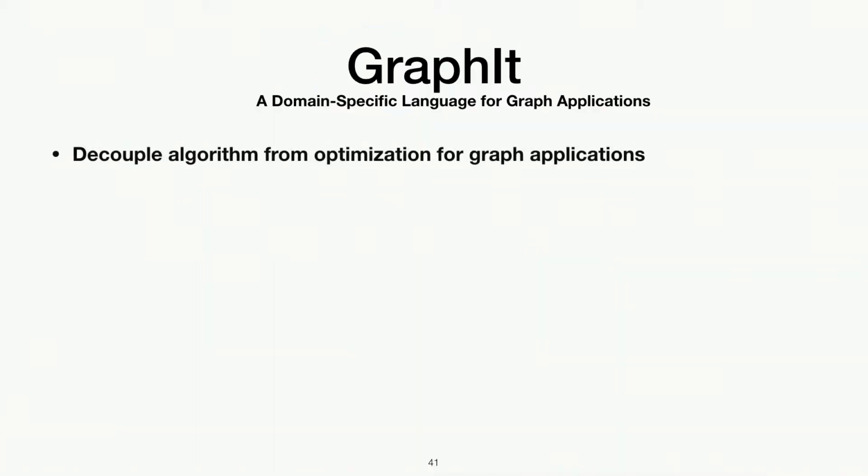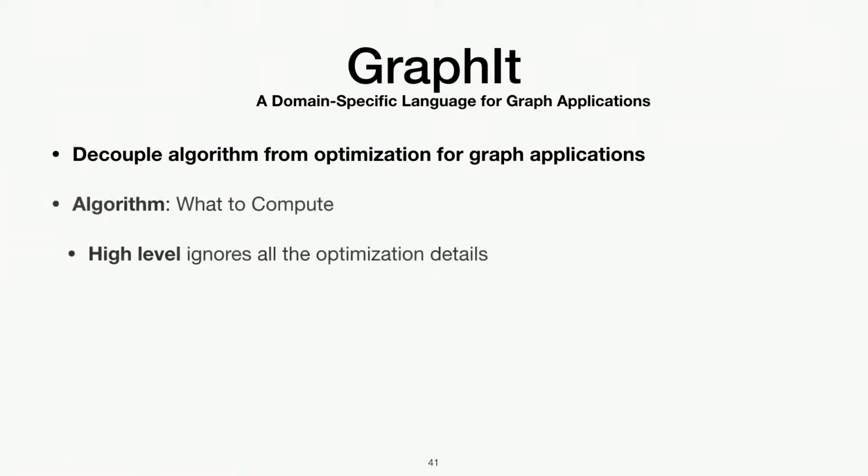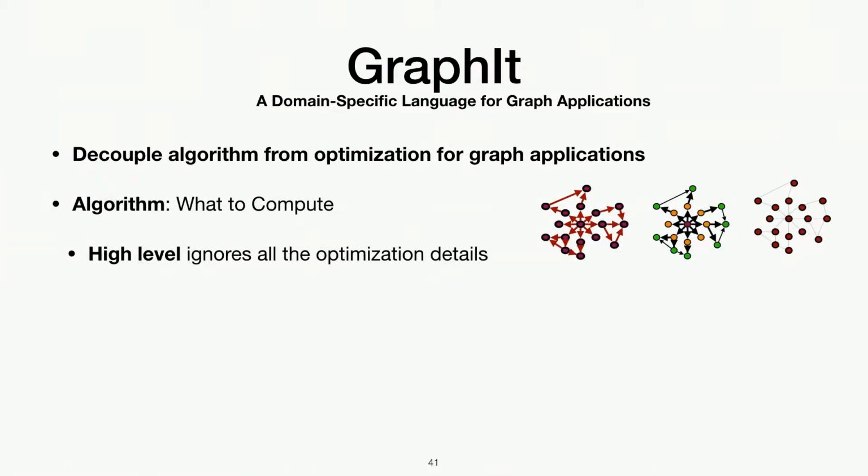So this is where GraphIt came in. GraphIt is a domain-specific language we developed. And one thing GraphIt did was say, okay, look, the algorithm is mostly constant. But how you process, how you go about it, is very different. So we want to separate these things. So the first thing we did was come up with the algorithm, which is what you want to compute. It's very high level. It doesn't tell you how you are computing that.